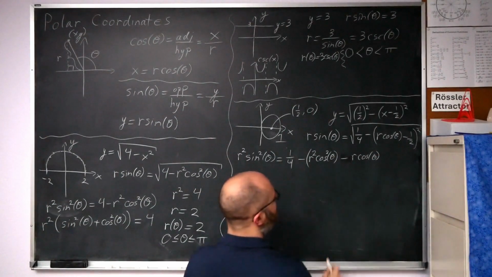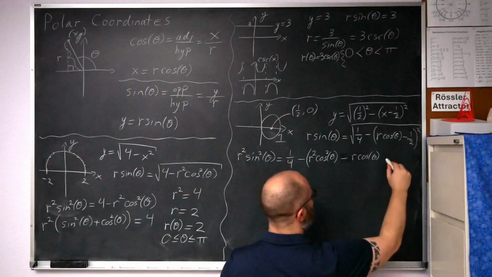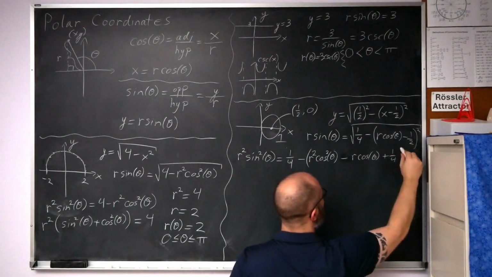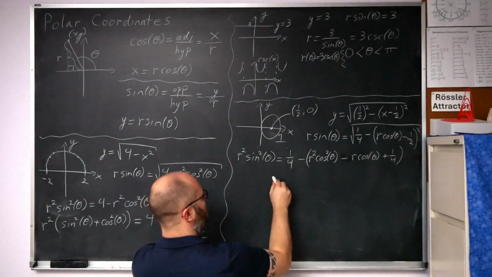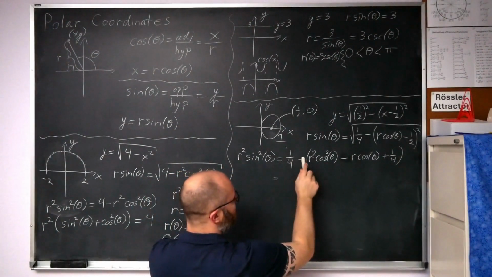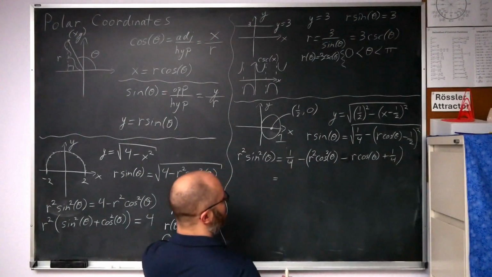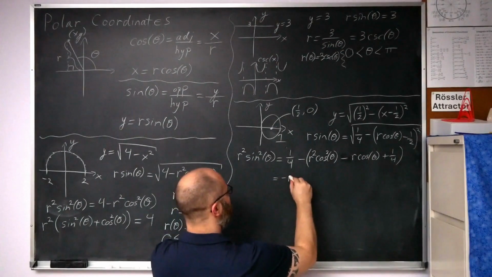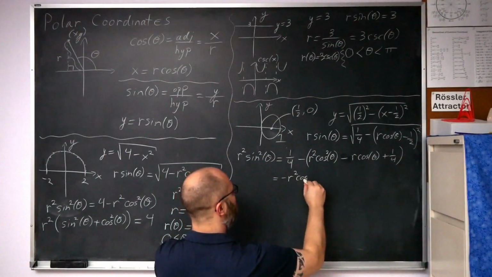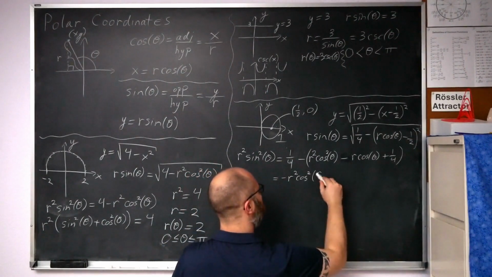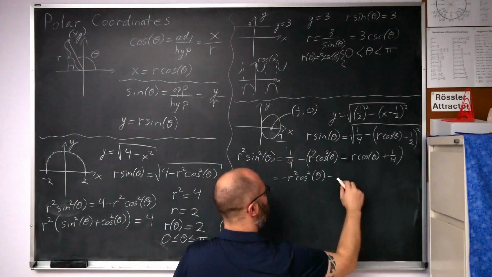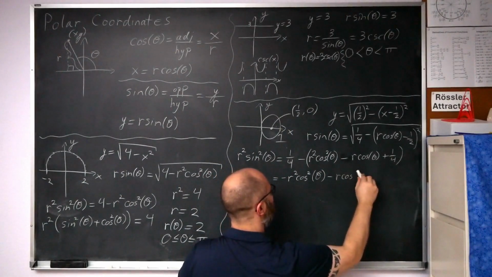And then I've got my minus 1/2 times minus 1/2, so positive 1/4. Then that whole thing is minus, so I have positive 1/4 minus positive 1/4, so those cancel. So I've got negative r squared cosine squared of theta minus r cosine of theta.